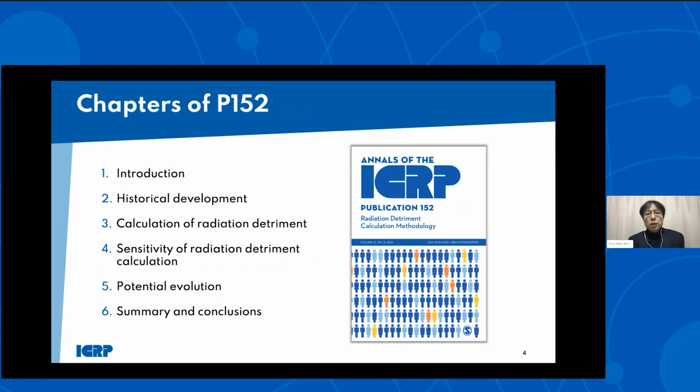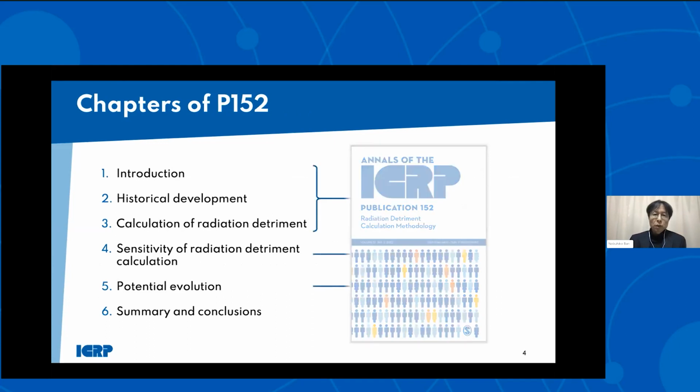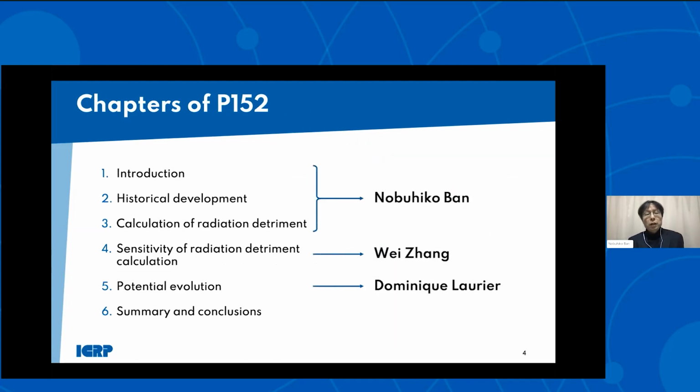These are the chapters of Publication 152. First, introduction; historical development; calculation of radiation detriment; sensitivity of radiation detriment calculation; potential evolution; and summary and conclusions. Today, I will talk about the first 3 chapters.